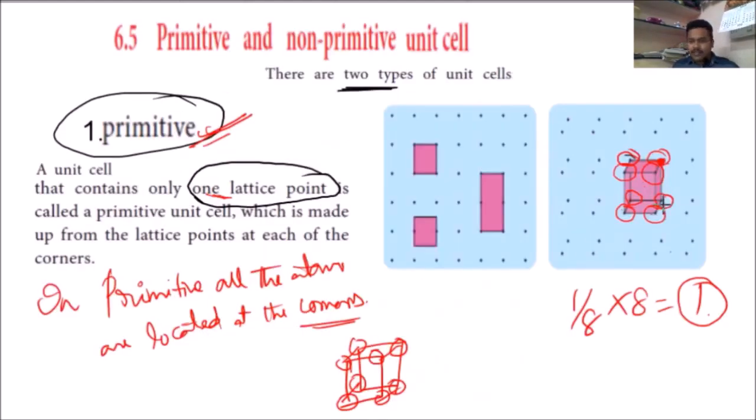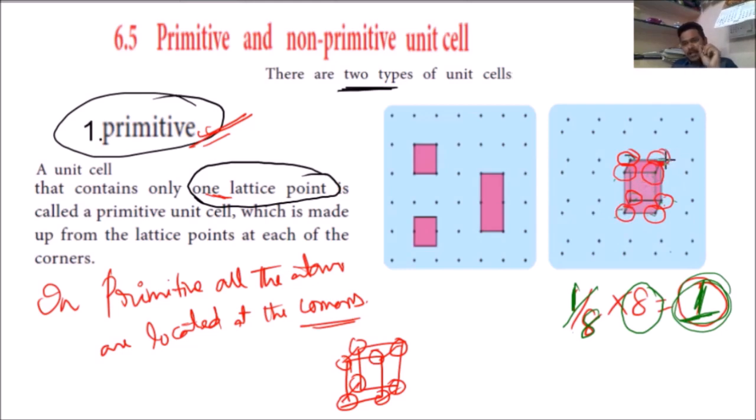This is the unit cell. How many corners are there? 1, 2, 3, 4, 5, 6, 7, 8. 8 corners are there. From each corner, the atom contribution to the unit cell is 1 by 8. 1 by 8 into 8 comes as 1. So the effective number of atoms present in this unit cell is 1 only. Even though 8 atoms are occupying the 8 corners, not all 8 belong to this unit cell.